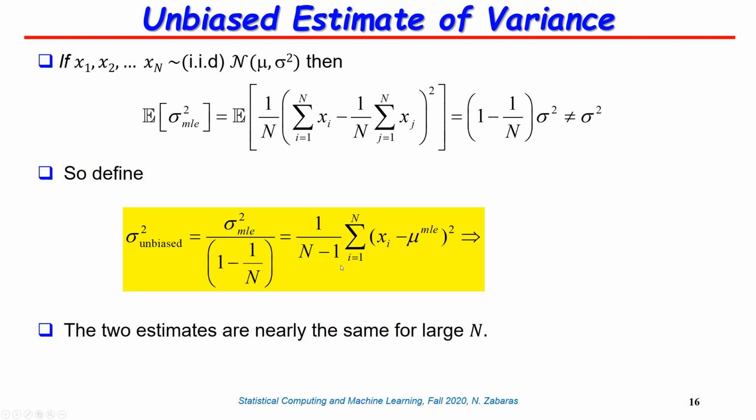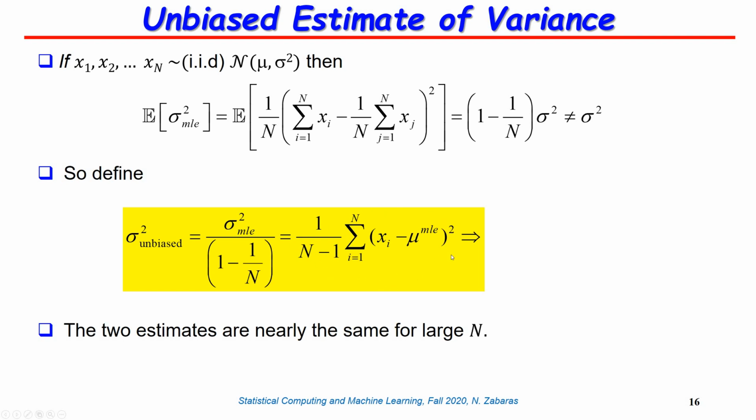You notice that when we took the expectation of the MLE estimate for sigma square, what we got is n minus 1 over n. So if we define an unbiased sigma square estimate, that is the MLE estimate divided by this coefficient, obviously this will cancel with that when we take expectations, and the expectation of this unbiased sigma square is going to turn out to be sigma square.